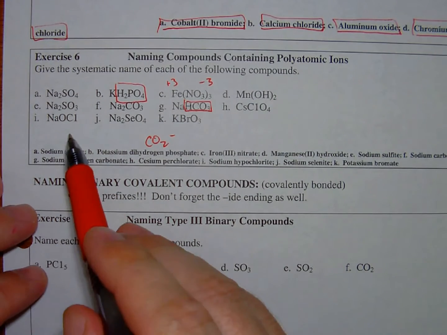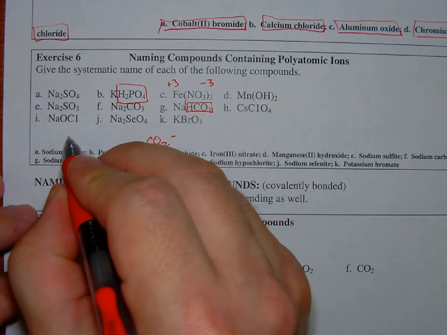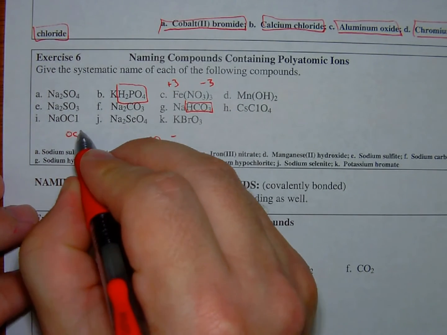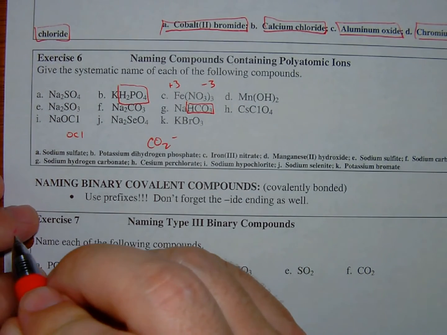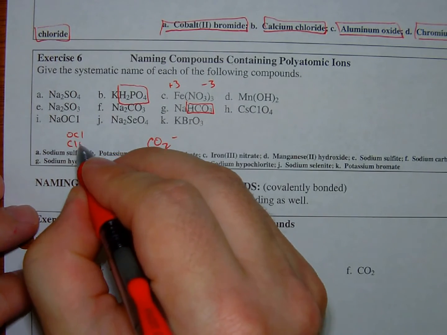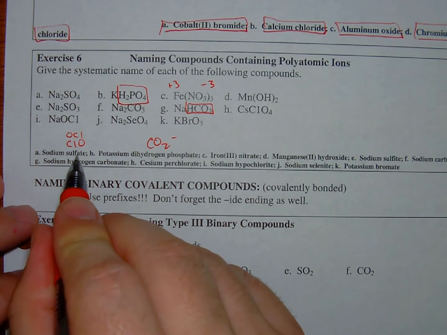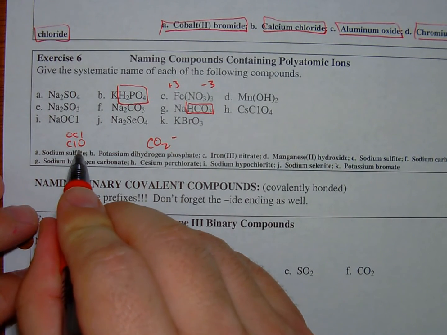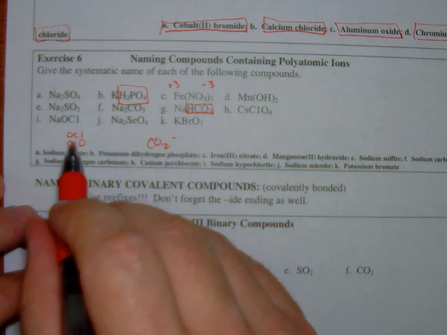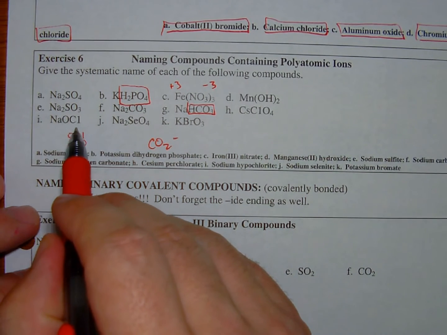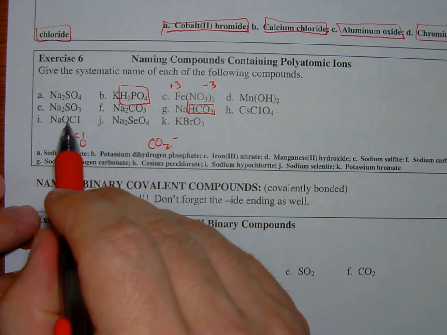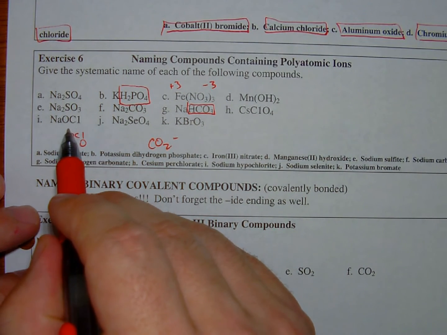Now here's a tricky one, because if you look on a polyatomic ion sheet, you're probably not going to see that. You will see this, right? That is hypochlorite. So don't let this throw you off, how these are flipped like that.